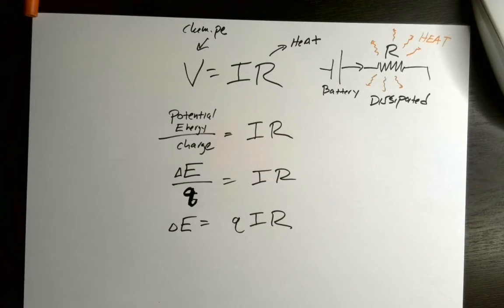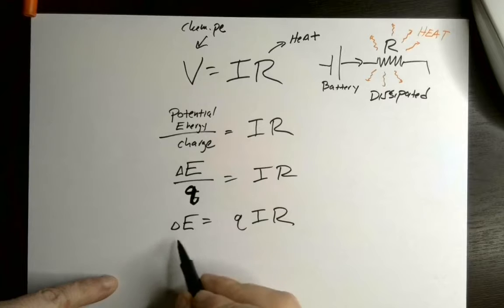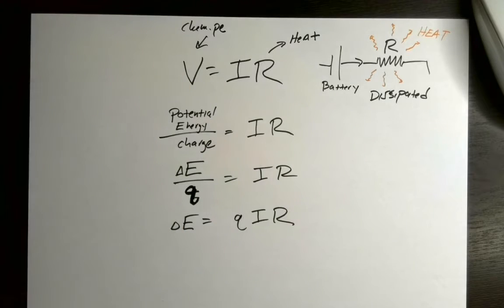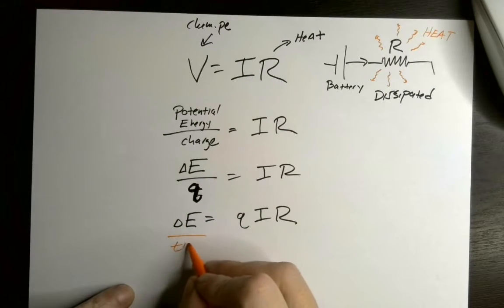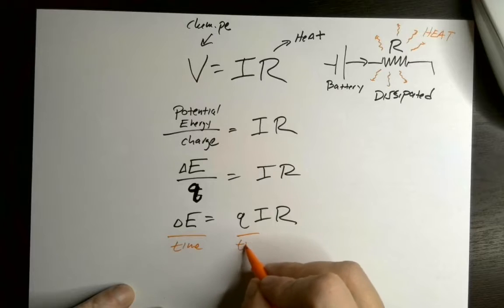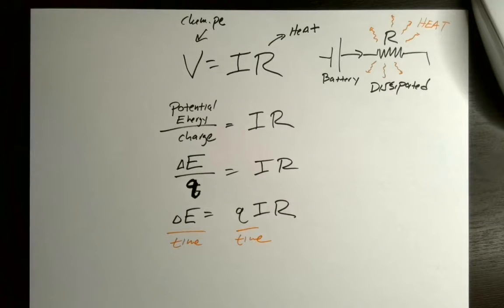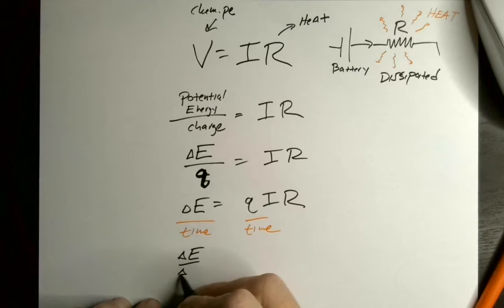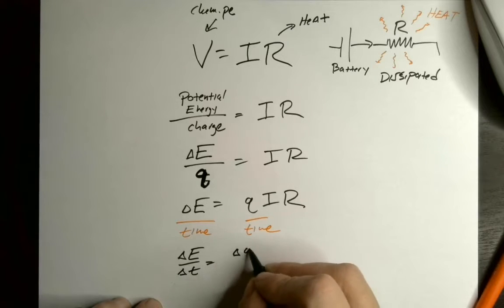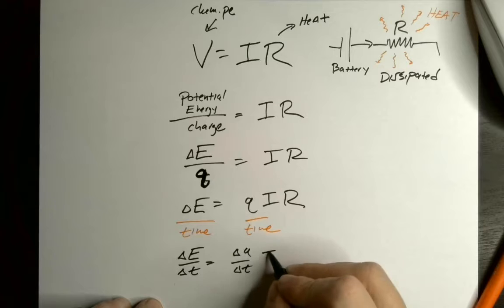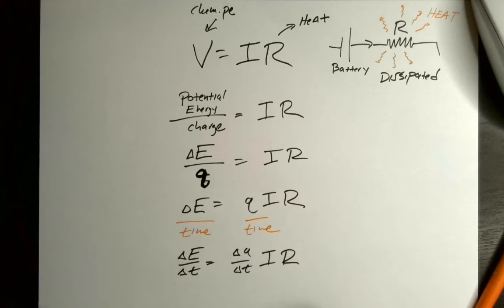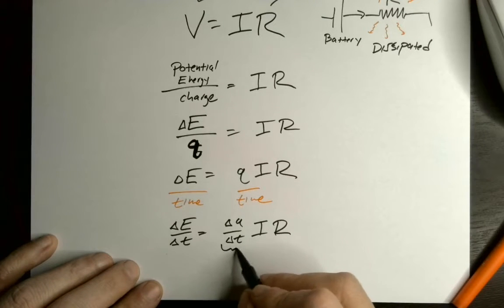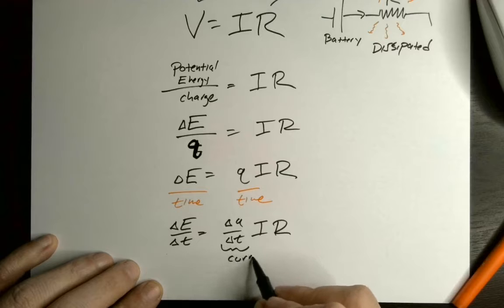And if we divide both sides of this equation by time, we've got delta E over delta T equals delta Q over delta T times I times R. Delta Q over delta T is just current again.